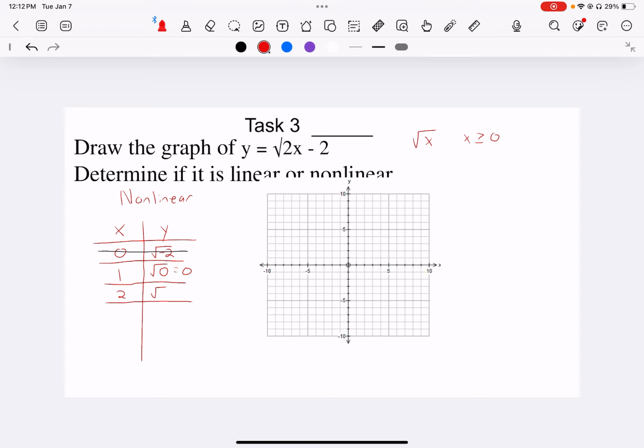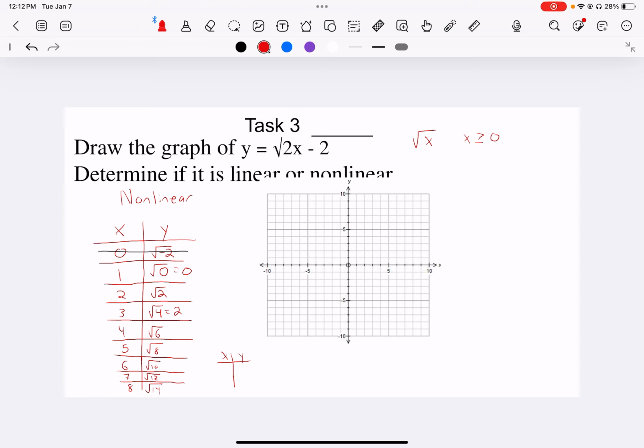When I plug in 2, I have the square root of 2, which is not a perfect square, so I'm just going to leave that. 3 gives me the square root of 4, which is 2. 4 gives me the square root of 6, another non-perfect square. 5 gives me the square root of 8, another non-perfect square. 6 gives me the square root of 10, another non-perfect square. 7 gives me the square root of 12. 8, square root of 14.